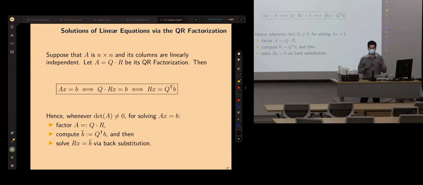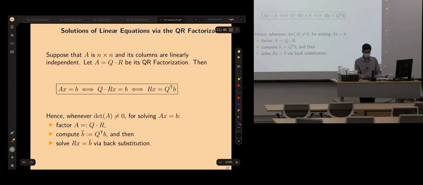So whenever you're dealing with a square system of equations, the determinant of A is not 0, and you want to solve AX equals B, now remember, there is a solution if B is a linear combination of columns of A. We assume there is a solution. Determinant is not 0, so it must be unique. Then we factor A to QR. For convenience, let's call Q transpose B to be B bar. That's going to be another vector, right?